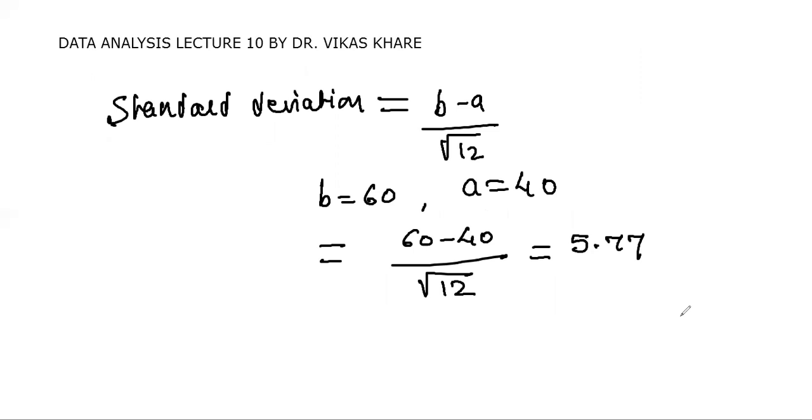So this is the basic approach to find the mean and standard deviation in the case of uniform distribution, which is a part of probability distribution.